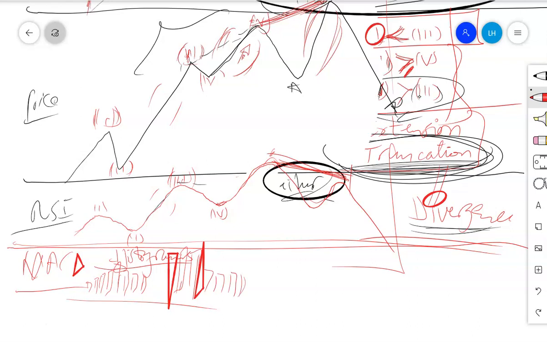Then in the fifth wave, when the price is rising, you will find that the MACD histograms no longer keep on rising. When MACD histograms keep on falling while the price keeps on rising, this is what we call divergence. So this was my price chart.